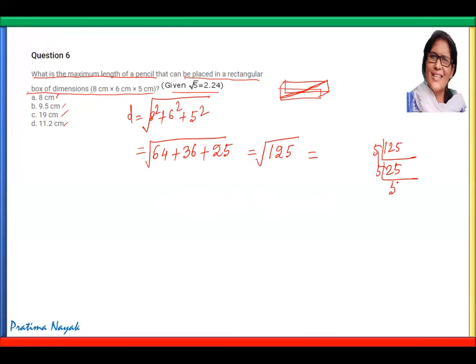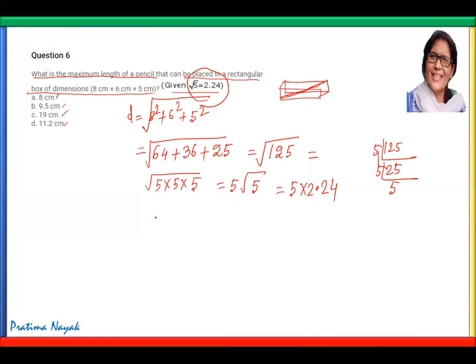So there will be 2 5. When there will be 2 5, I can take 1 5 outside. So it will be 5, and 1 will be left in the under root. That's why this value is given. So the value of under root 5 is 2.24.